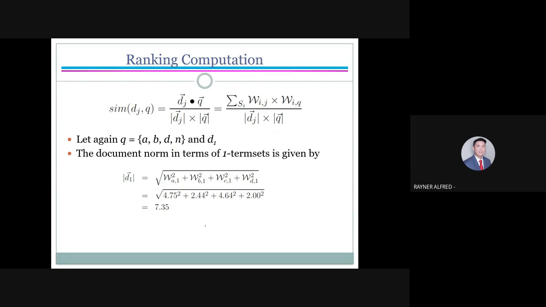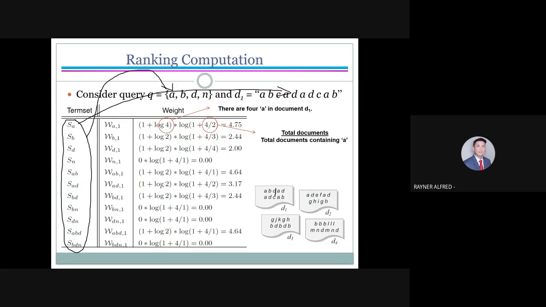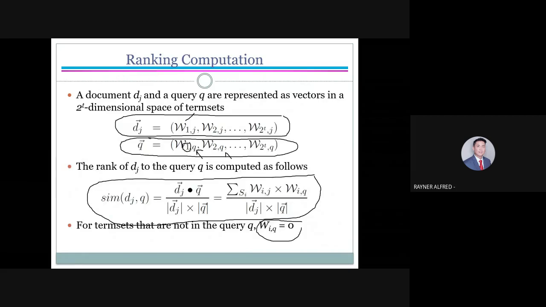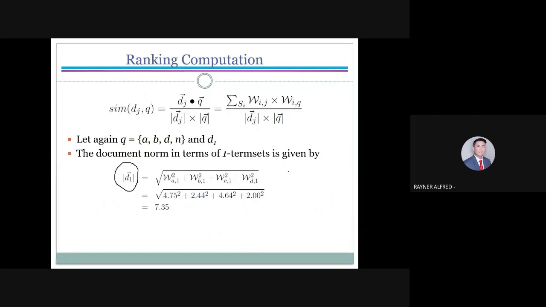Remember last time we also looked at the length of the document. So this is the formula that we have, because in document 1 we have 4 symbols here: A, B, C, D. Okay. So this one will compute the length of the document.